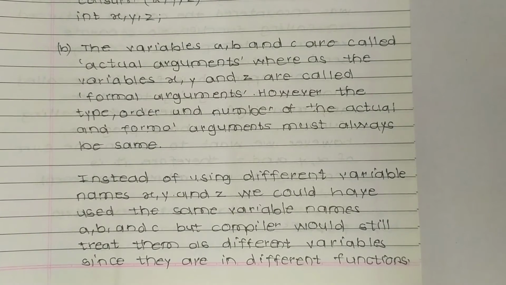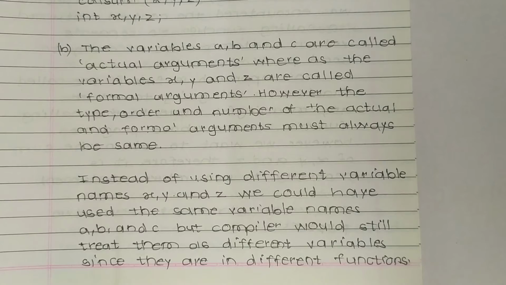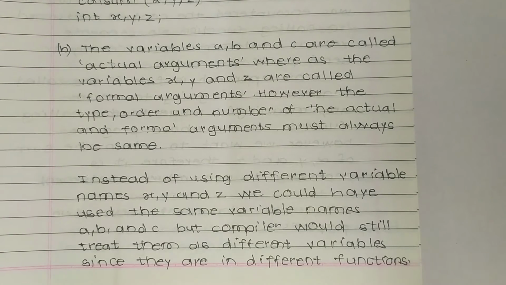No matter what we call them, the compiler is going to treat them as different, so why not call them x, y, and z?